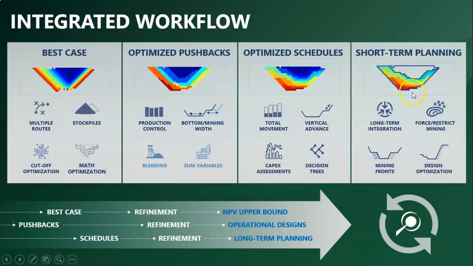Can you see here? So this is the integration. We will keep all the other parts of the long-term planning still. So we will not change anything here. We just work inside this part. So in this case, we can control mining from the front, deciding which block will be mined.